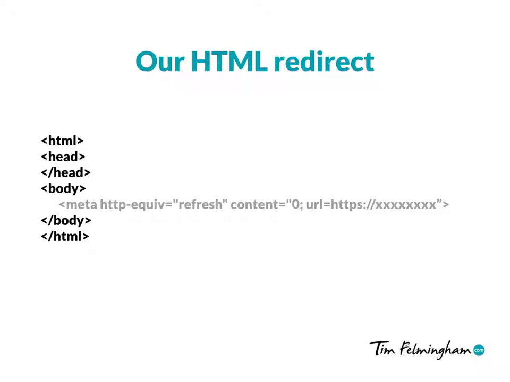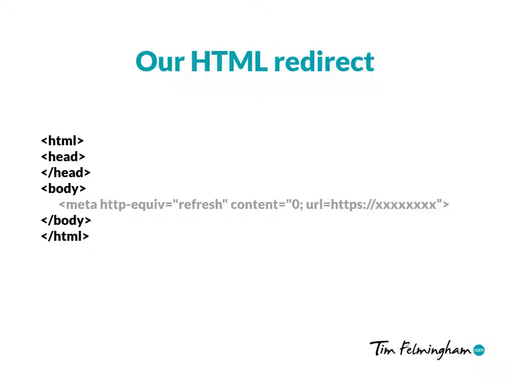And you have to put this one line in, which is meta HTTP equivalent refresh. And that contains two other things in there. Content equals 0 means do this redirect in 0 seconds, in other words, straight away. And the URL equals HTTP XXX whatever.